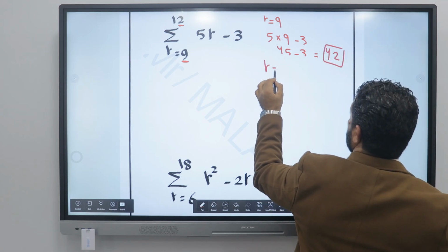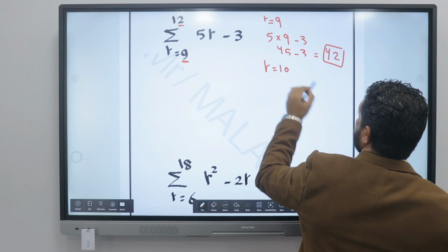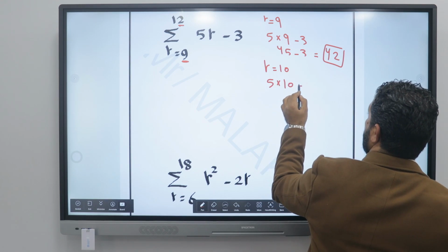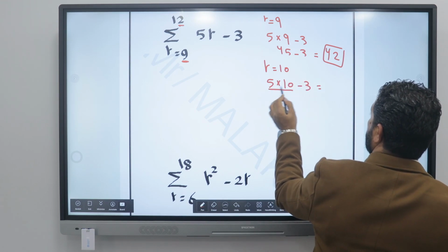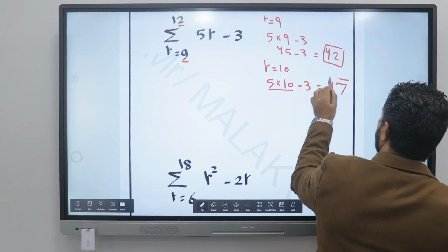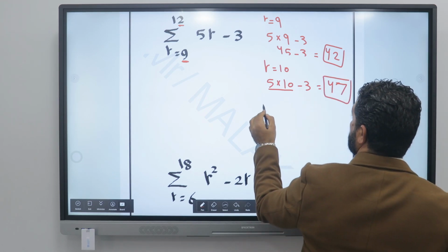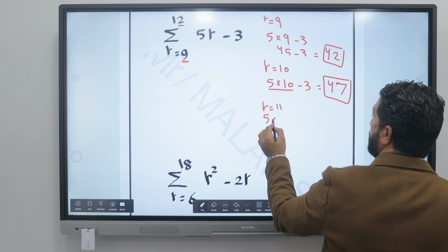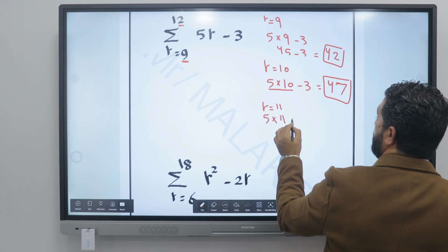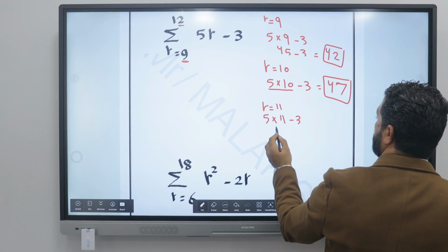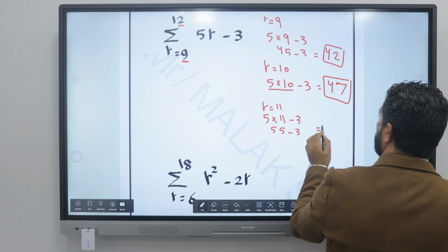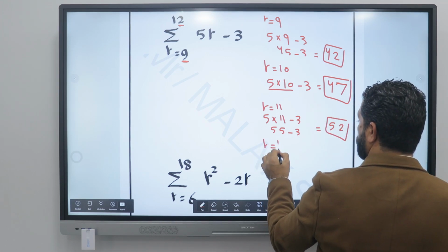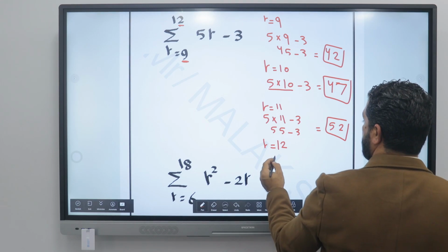and r equals 10. So it's 5 times 10 minus 3, it will be 50 minus 3, 47. And when r equals 11 it will be, are you with me, 5 times 11 minus 3, 55 minus 3, it will be 52. And then, when r equals 12 it will be what here?